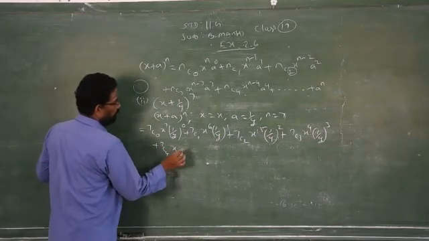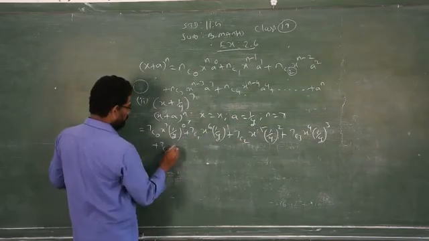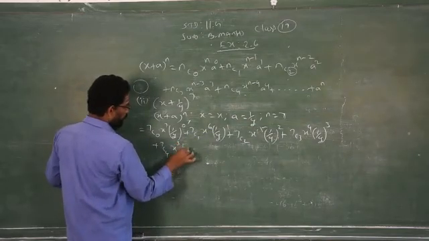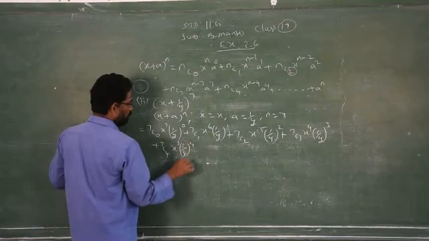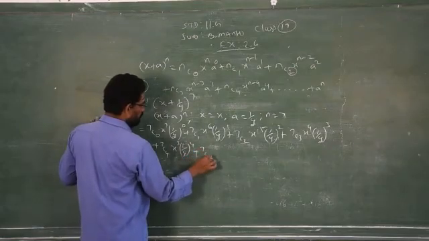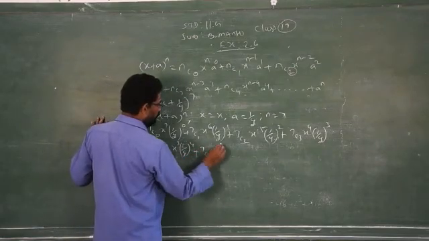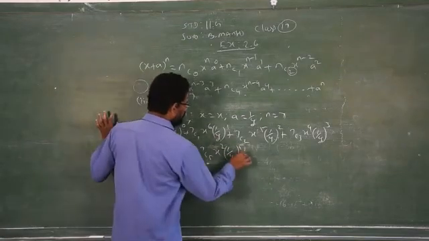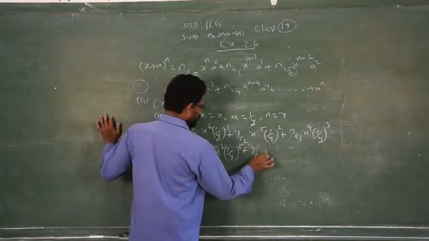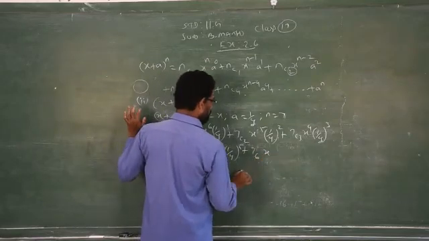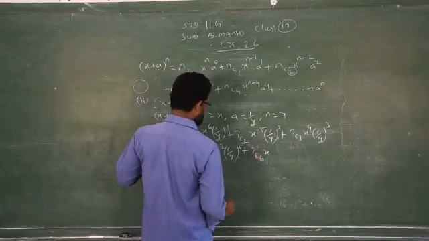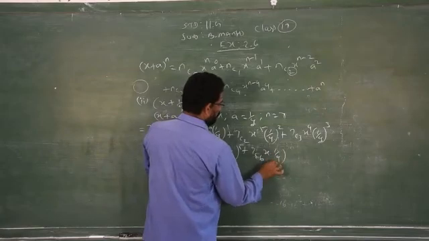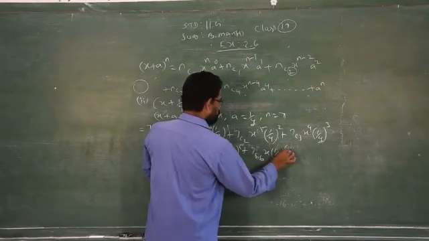7C4, x power 3, 1 by y power 4, plus 7C5, x power 2, 1 by y power 5. Then 7C6, x, 1 by y power 6.